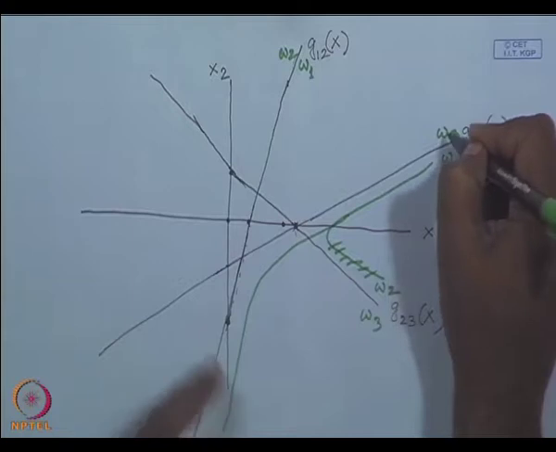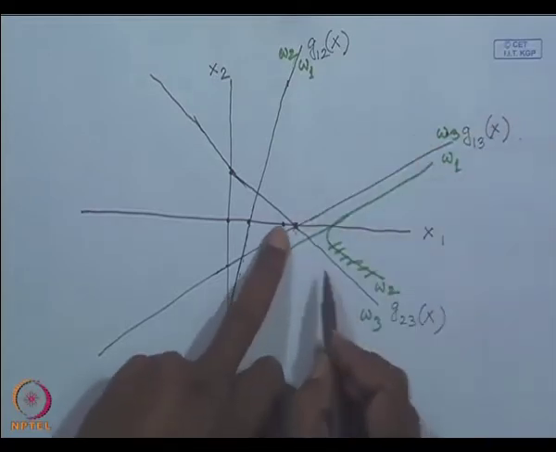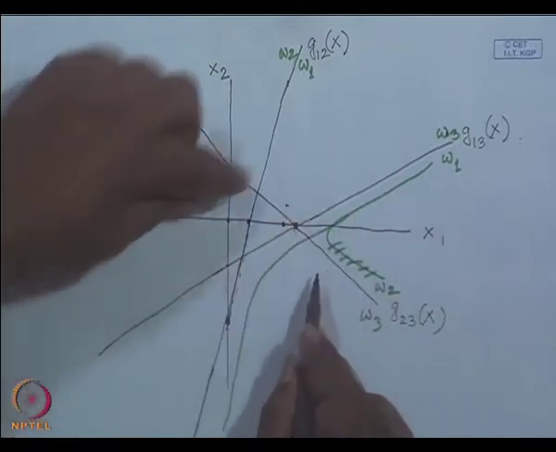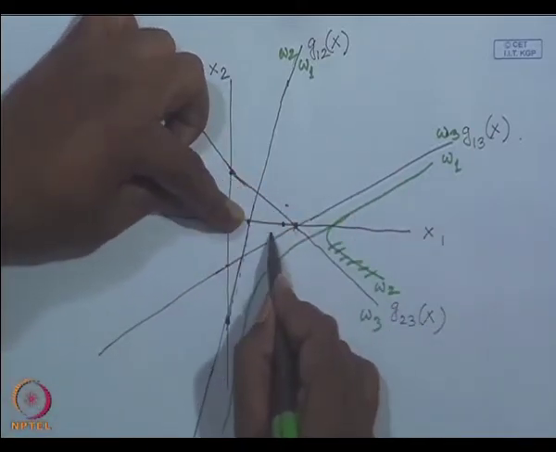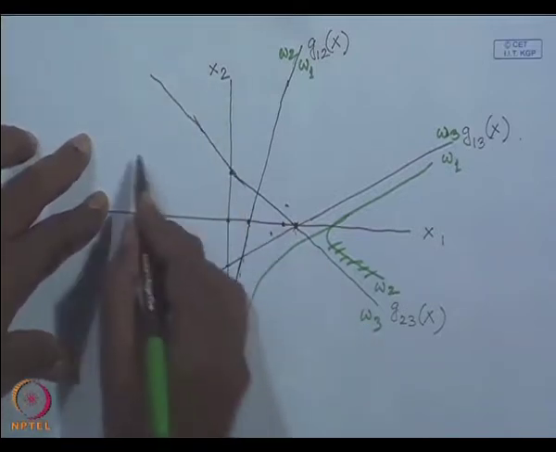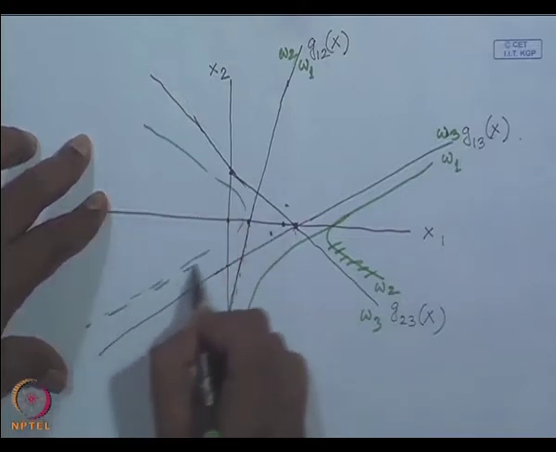coming to omega 3, between omega 1 and omega 3, this side is omega 3, and between omega 2 and omega 3, so coming over here, this side goes to omega 3. Okay. So, I will have this particular region which will be allotted to omega 3.